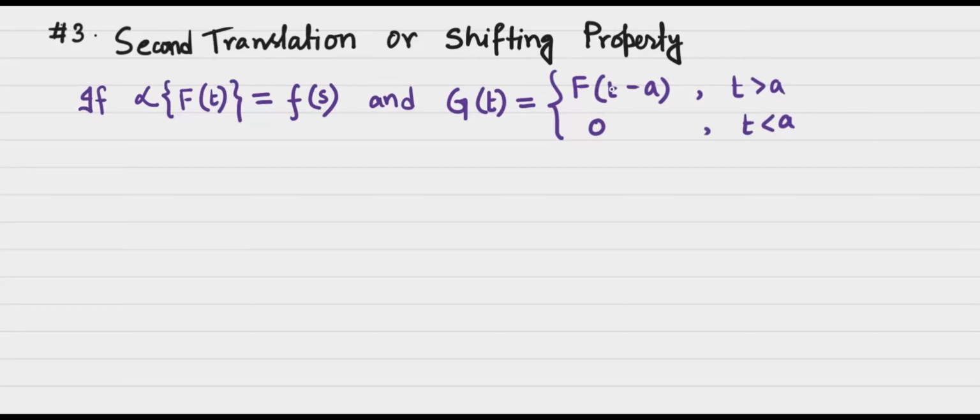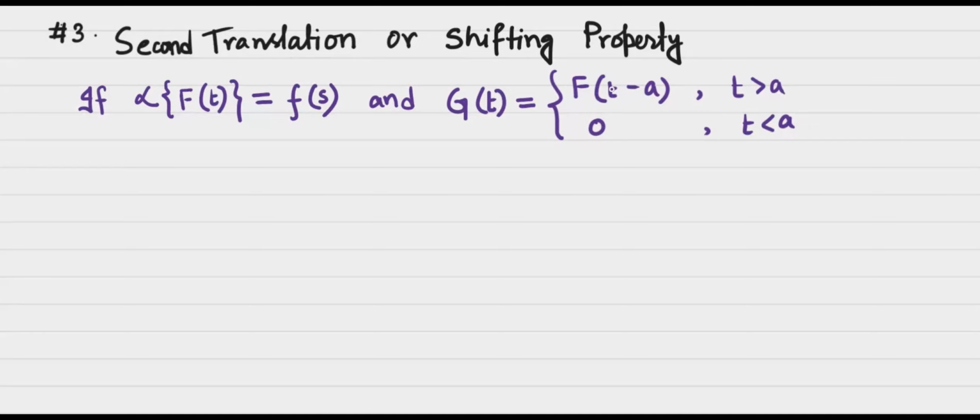So remember, in the previous one, the result was shifted. The result in the s space was shifted by a. In here, the function or the argument or the input is shifted. And how does it translate to the result?